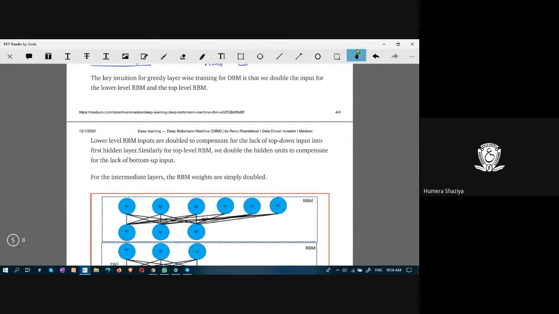Here the key intuition for greedy layer wise is that we double the input for the lower level RBM and the top level RBM. Here this is the lower level RBM and this is the top level RBM. Input is doubled. Lower layer RBM inputs are doubled to compensate for the lack of top down input.